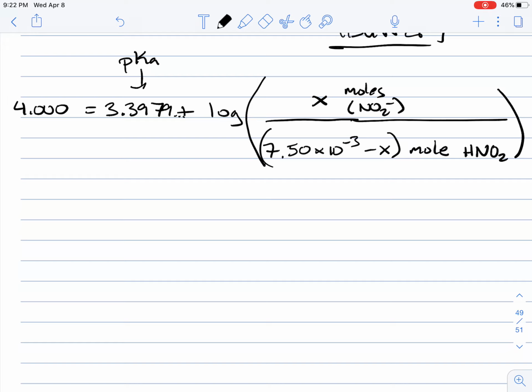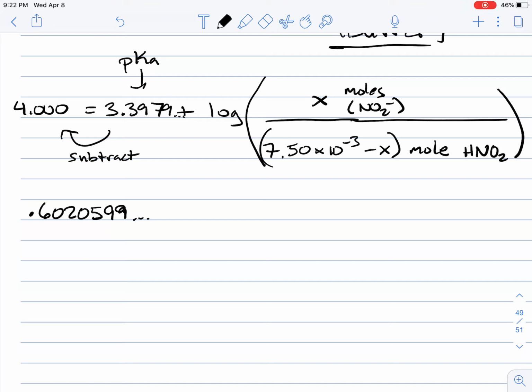After I've plugged in all of my numbers, this just becomes algebra, and I'm just going to solve for x. The first thing I'm going to do is subtract this value to the other side. The value that I get is 6.020599, a whole bunch of other numbers.